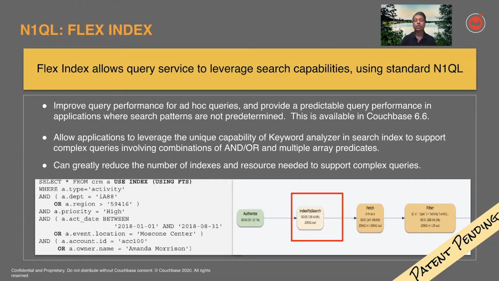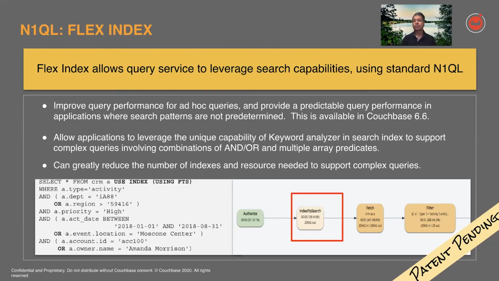It improves the query performance of ad hoc queries, because for many reporting applications, the patterns in which the queries are generated are not predetermined. The user determines what predicates, what grouping, what ordering.